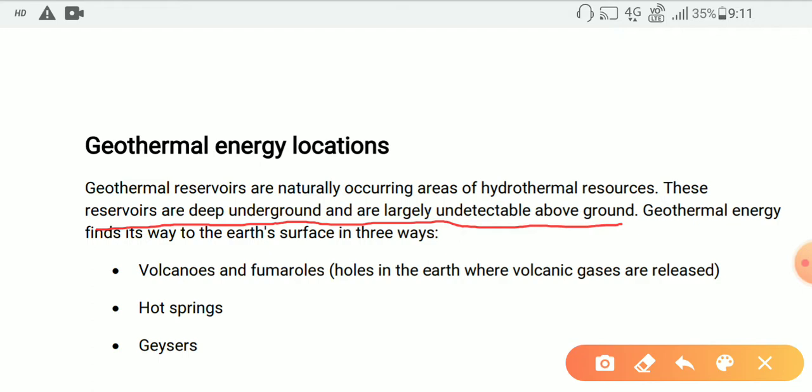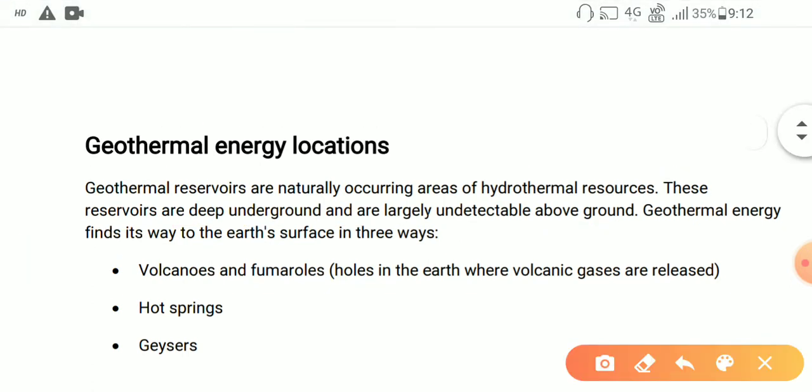So we cannot detect so easily where the geothermal energy can be extracted, because, as I already told, where the temperature of the rock or water is near about 100 degrees centigrade, that position can be treated as a geothermal reservoir position. So from the earth's surface we do not easily find where the temperature is 100 degrees centigrade.